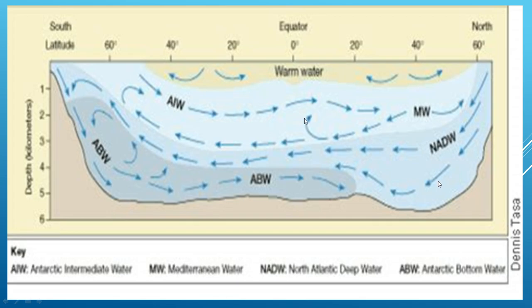Okay. So now we're going to start introducing some more complexity to this. Once again, the Antarctic bottom water, the Antarctic intermediate water. Here's that warm surface Atlantic water. Here's the North Atlantic deep water. Here's the Mediterranean water.